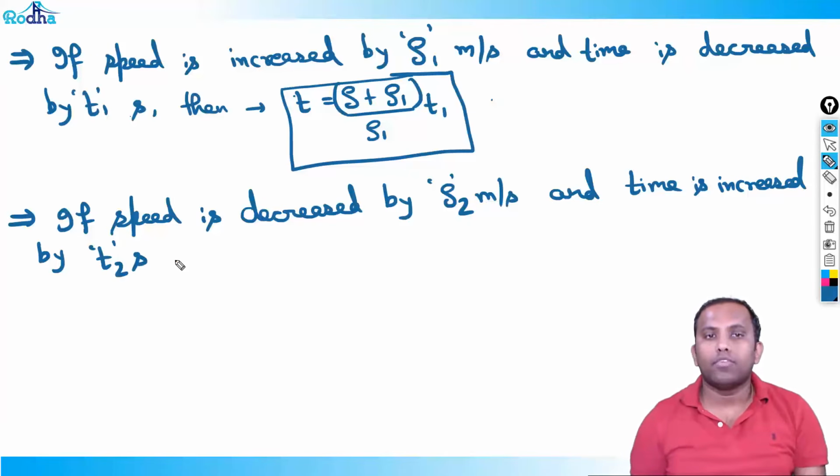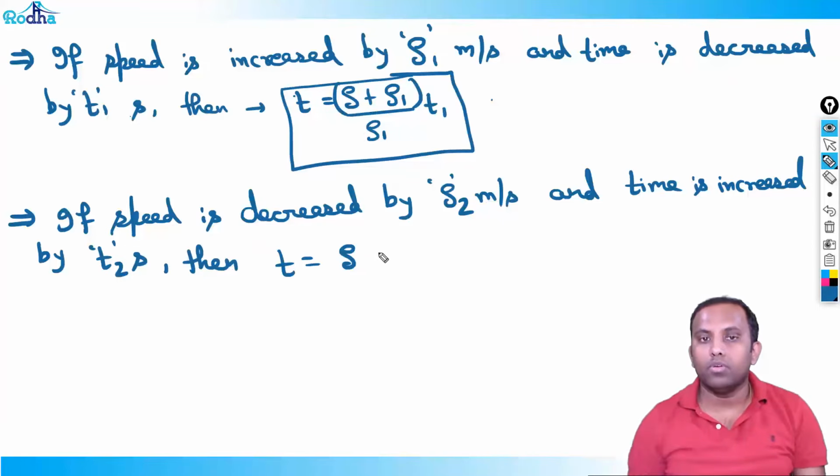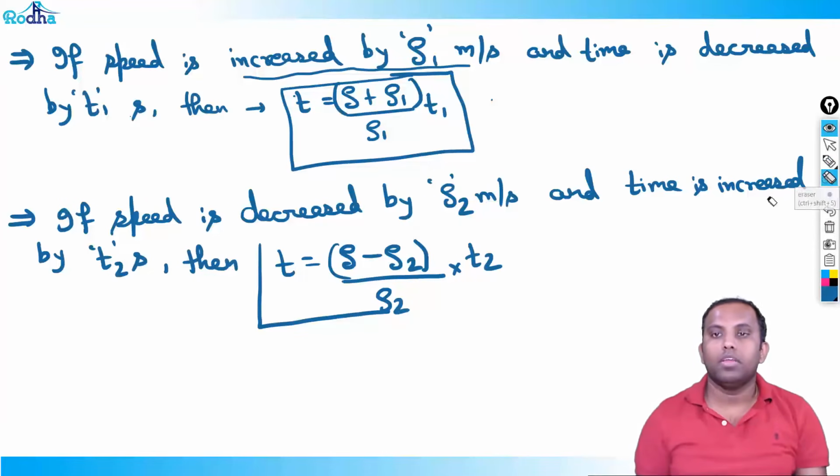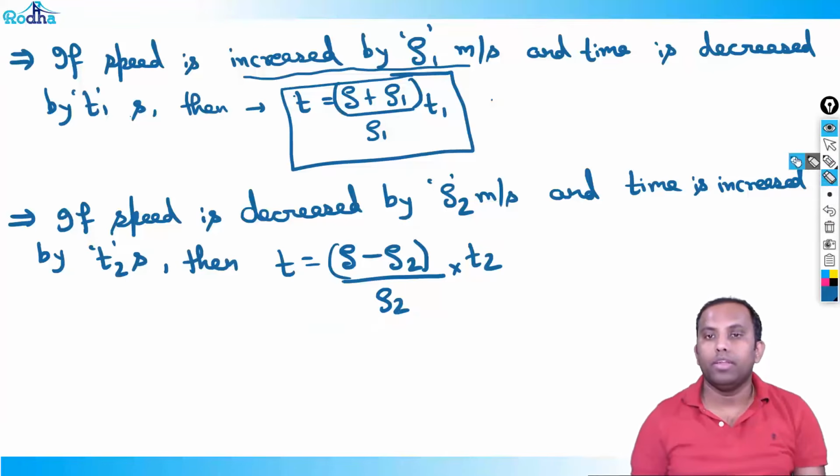Then again, I don't need to derive that formula. I can directly write that. Compared with this formula, I can write T is equal to S. Now it was plus S1 for increased S1, so minus S2 for decreased S2, upon S2 here, into T2. So again a very important point. This has to be noted, a very important point in linear tracks.